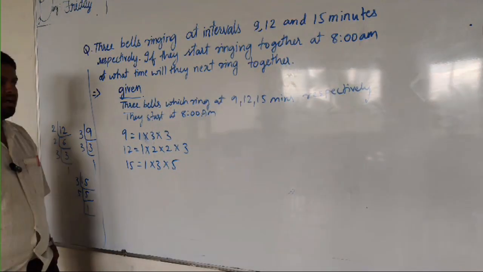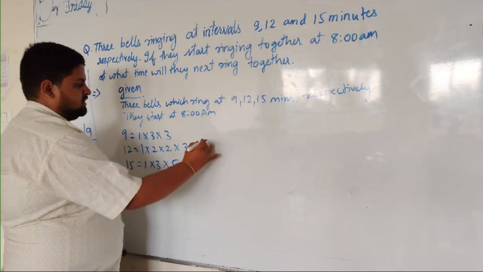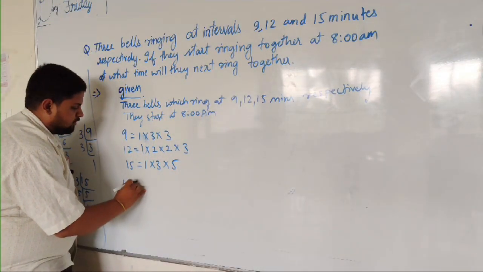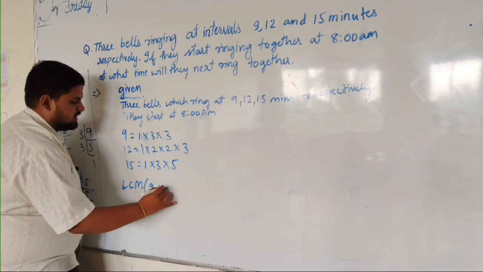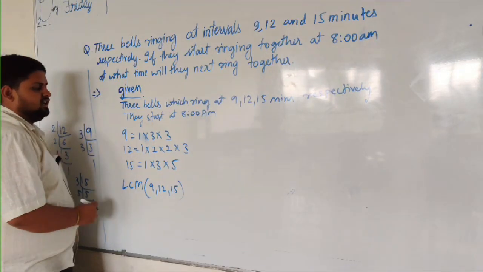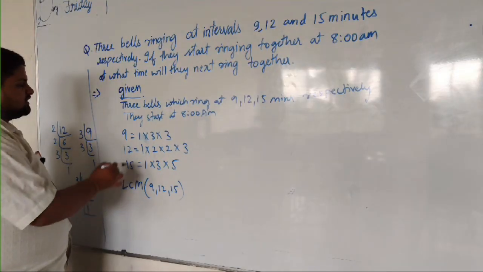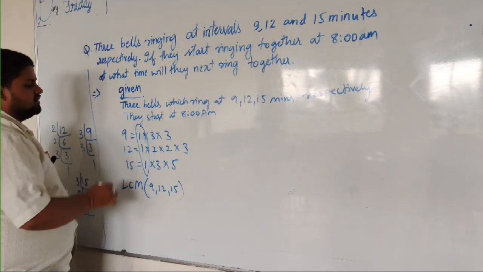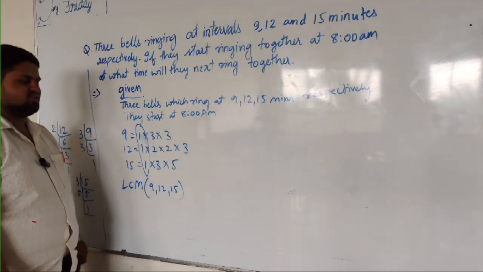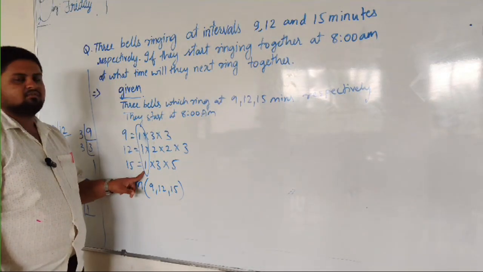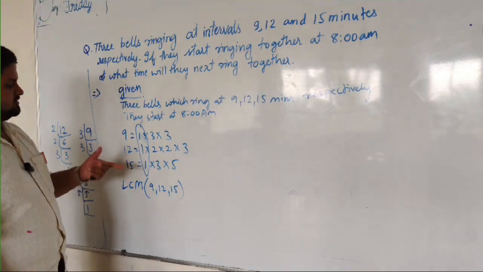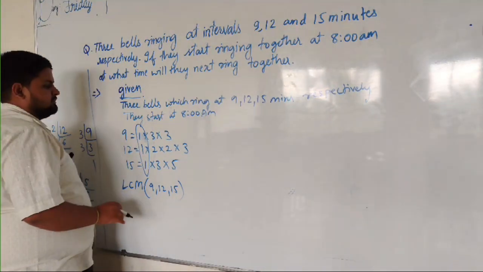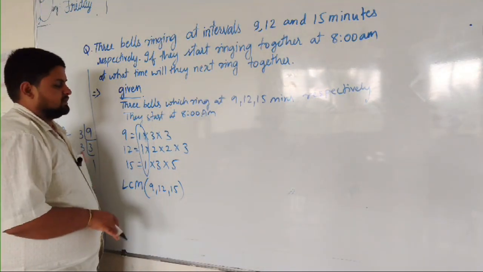So now how to find the LCM of these numbers? We have found the prime factorization of these. To find the LCM of 9, 12 and 15, let us look at the common factors. Here 1 is a common factor of all the numbers, but you can leave 1 because 1 multiplied by any number is the number itself.